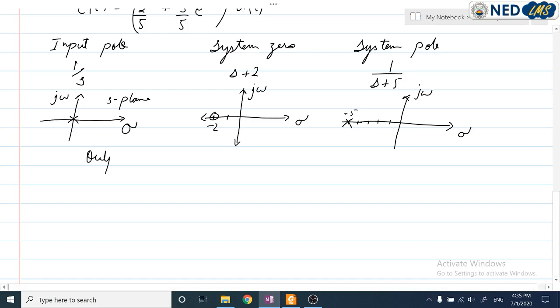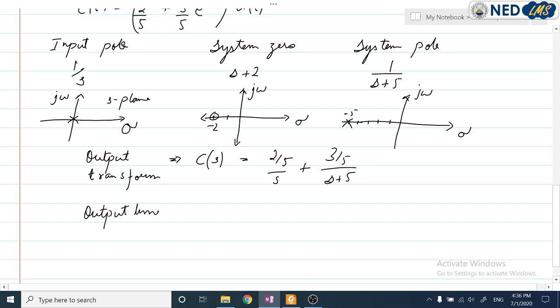Our output transform is equal to C of s as we calculated it earlier, and the output time response is this.